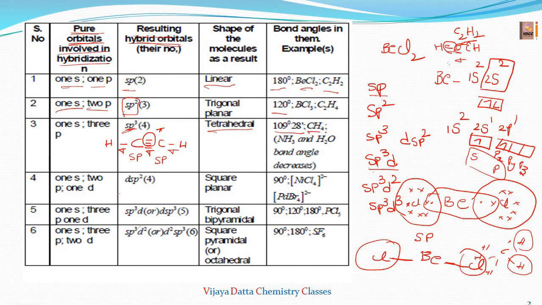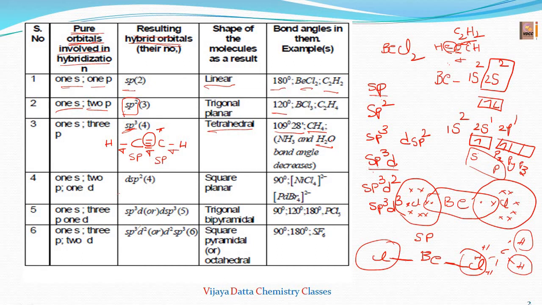But CH4 is tetrahedral in shape, its bond angle is 109 degrees 28 minutes, whereas NH3 is pyramidal in shape and its bond angle is distorted to 107, whereas H2O, the water molecule, is V shape or angular shape, and its bond angle will be 105 degrees. Again it is more distorted.